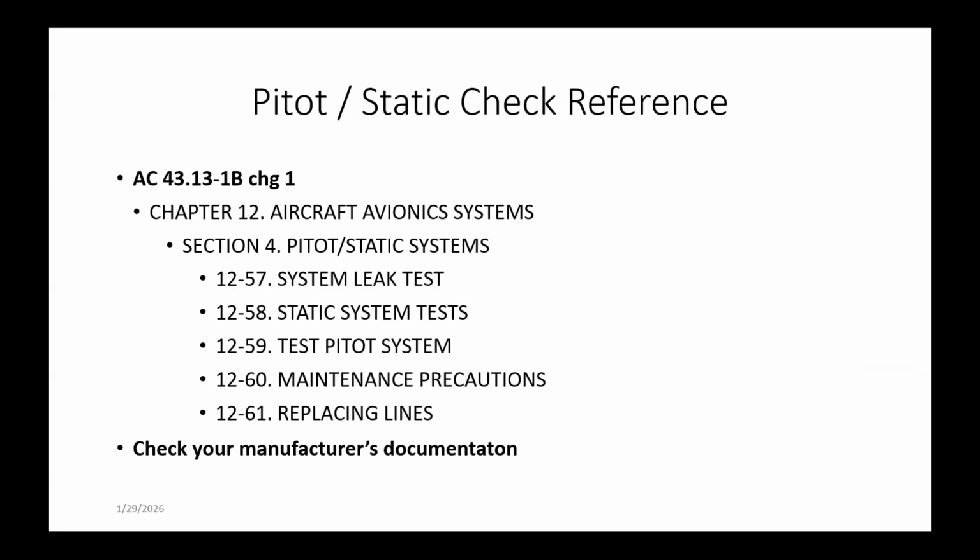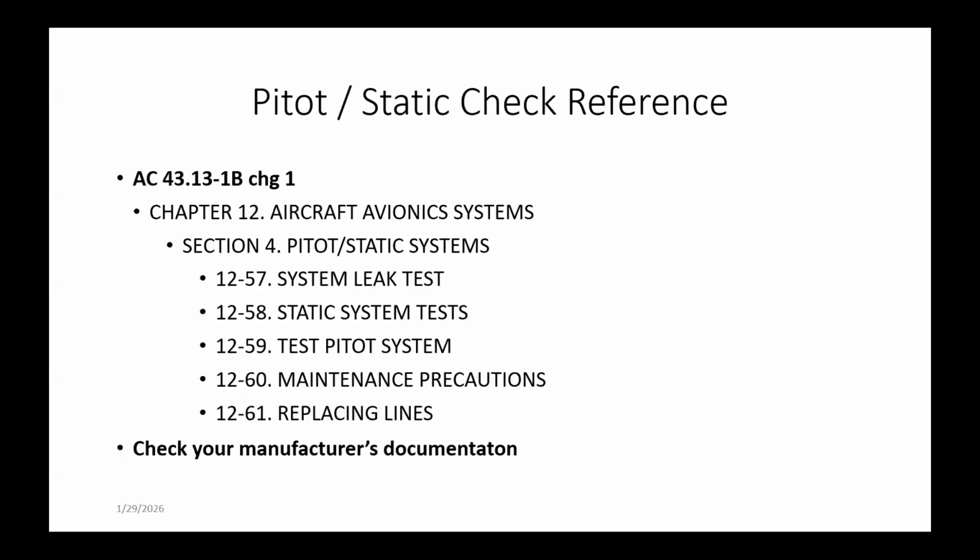Pitot-static reference check. Okay. Advisory Circular 43.13-1B, change 1. I don't know if it's still change 1 by now. In Chapter 12, it talks about aircraft avionics systems, and Section 4 talks about pitot-static system checks.